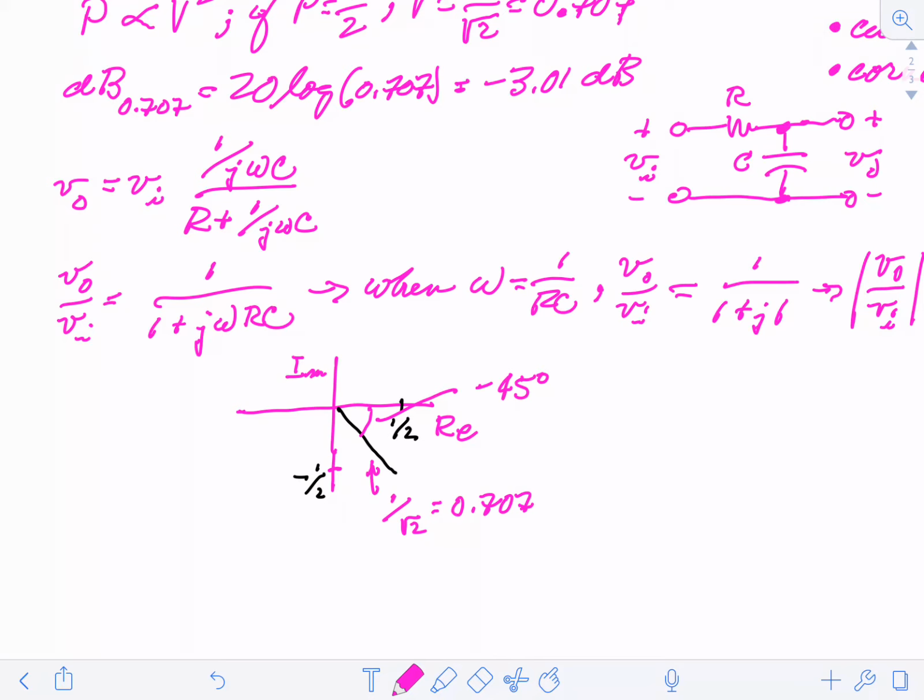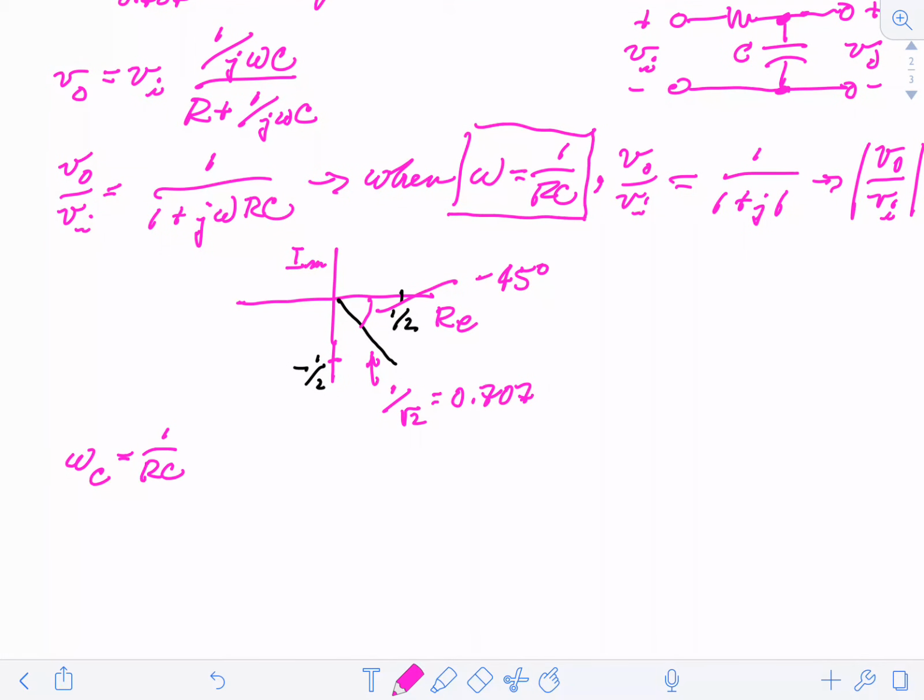We have said that this is all the case when omega is 1 over RC. That gives us this half power point. And so what that really means is that when omega, and I'll just give it a name, omega sub c, equals 1 over RC, that is the cutoff frequency, C for cutoff. And that means that, of course, if we want to talk about the cutoff frequency in hertz, that is 1 over 2 pi RC.